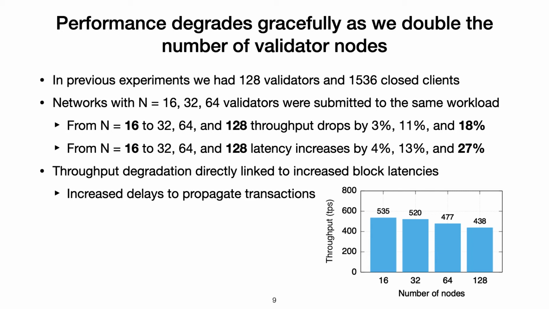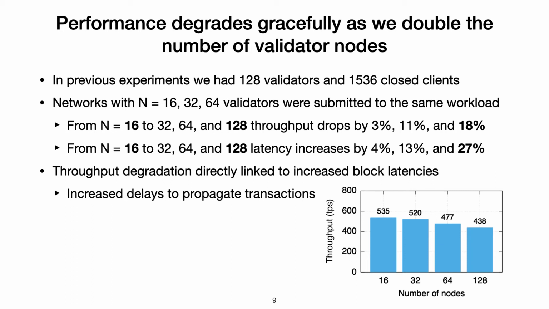Using 16 validators as a baseline, the throughput achieved by Tendermint dropped by 3% with 32 validators, by 11% with 64 validators, and by 18% when comparing with the previous result with 128 validators. When you consider that we increased the system size by 8 times, this is a fair result.